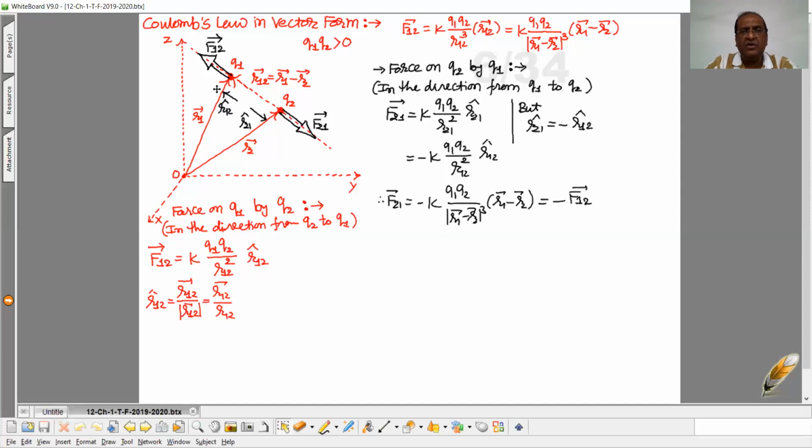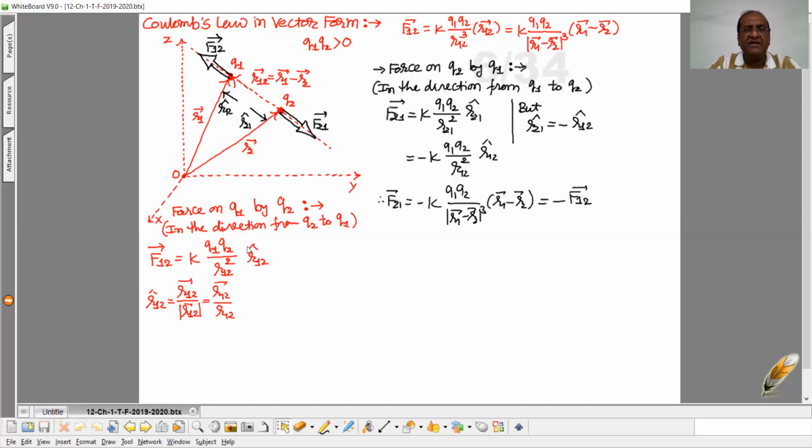Suppose in this direction the unit vector is r12 cap. Then we can write the vector force F12 equal to k q1 q2 upon r12 squared into r12 cap, where r12 cap, the unit vector, is the vector upon its magnitude. So vector r12 upon its magnitude r12.